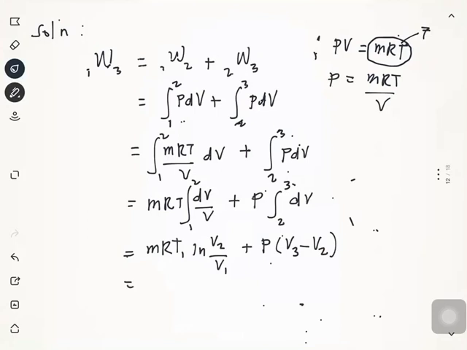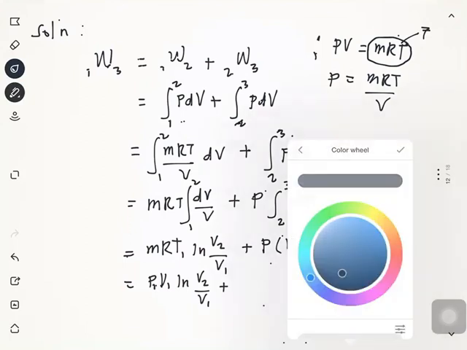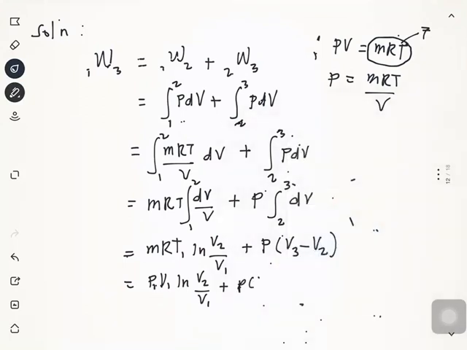Or, because mRT is equivalent to PV, you have P1 V1 ln of V2 over V1 plus P (V3 minus V2). That is your total work.